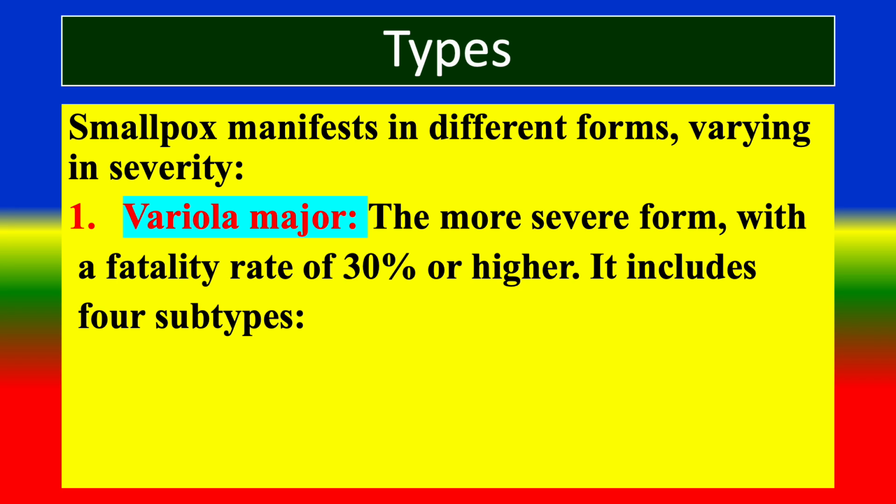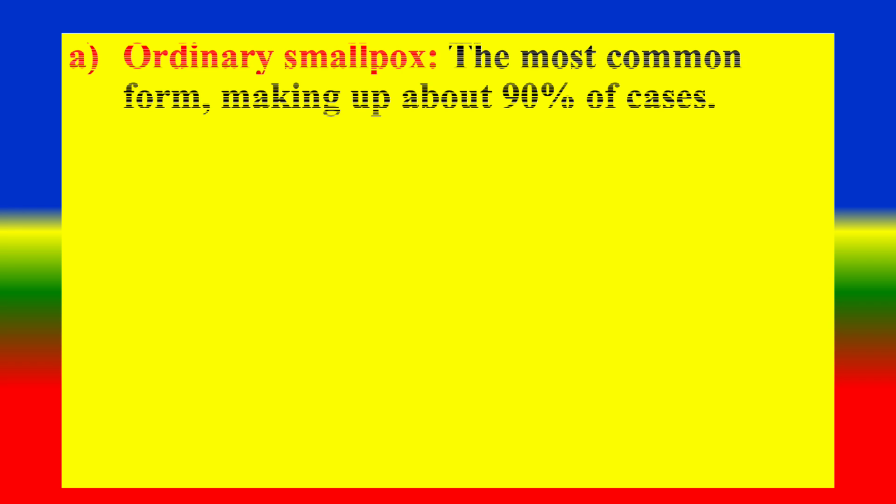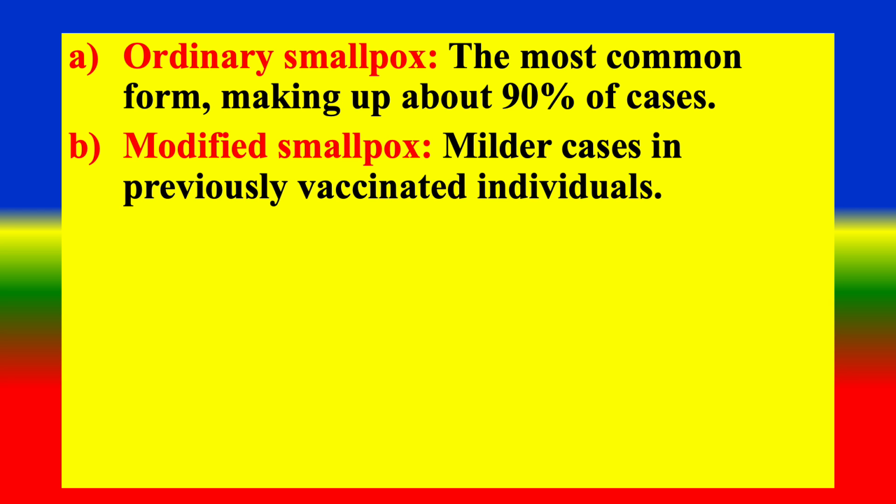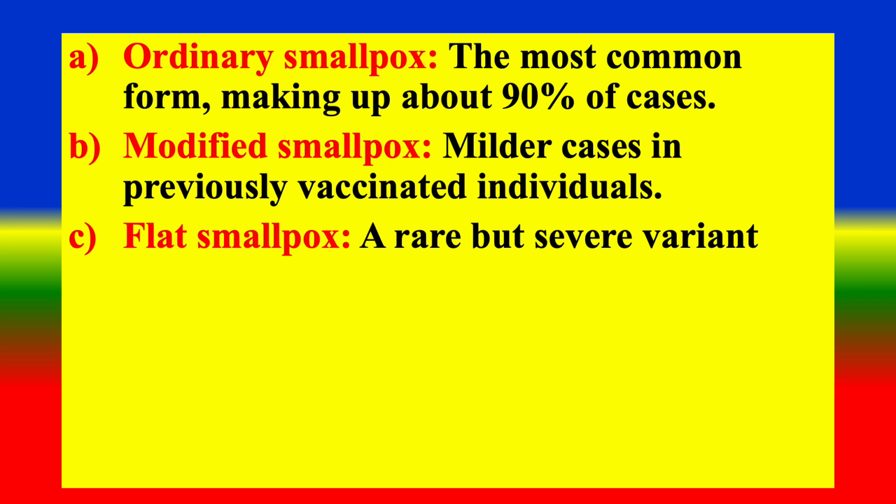It includes 4 subtypes. A. Ordinary smallpox, the most common form, making up about 90% of cases. B. Modified smallpox, milder cases in previously vaccinated individuals.